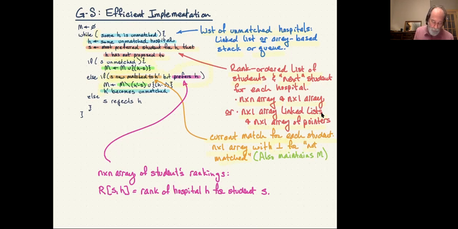But it's pretty straightforward with an n by n array of student rankings, where R of S and H is the rank of hospital H for student S. Then given student S and two hospitals H and H prime, we have two lookups in the array to find the ranking for each, and compare them.